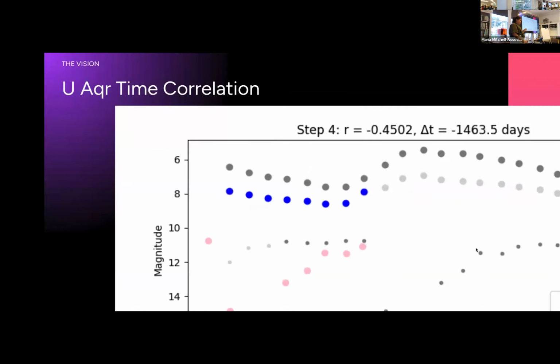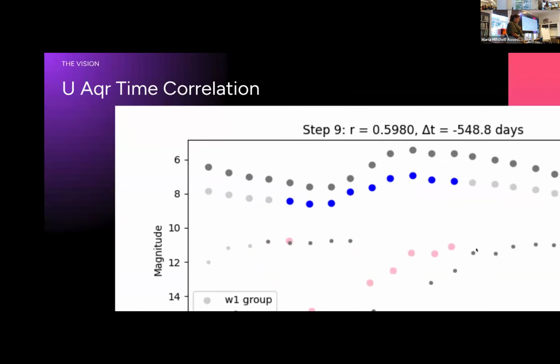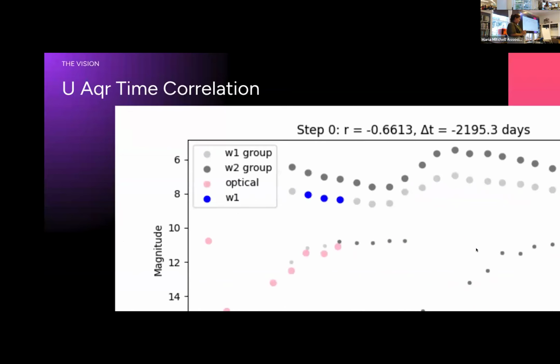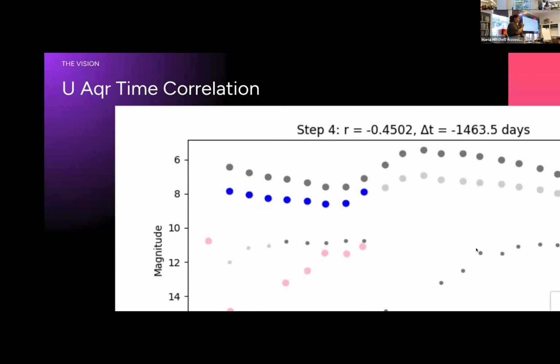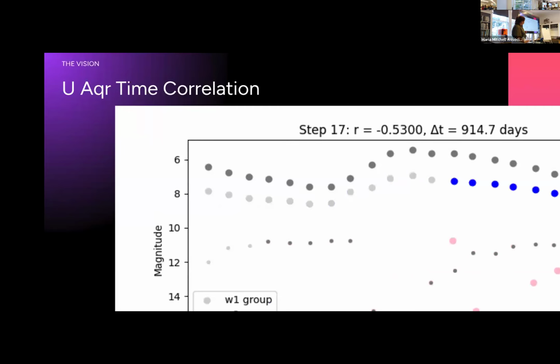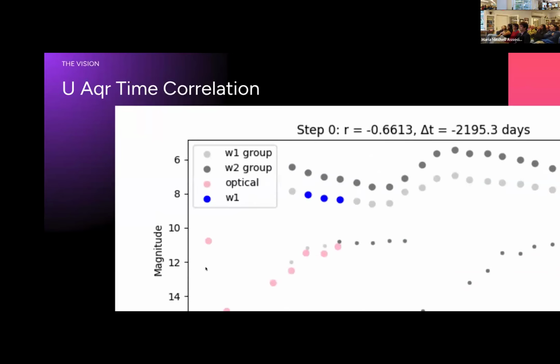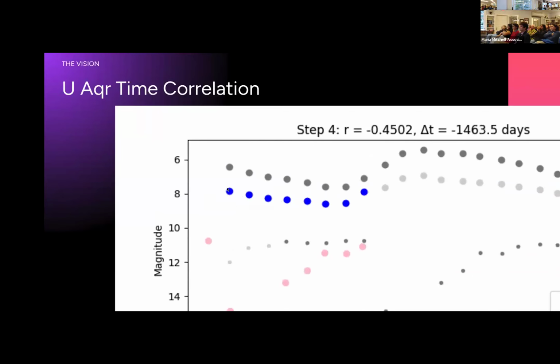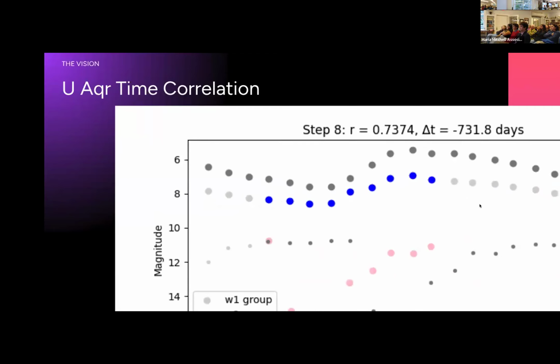And all of that was accumulating to this. This is so I could get an understanding of when we find a best correlation between a decline event and an incline event. So I take this entire decline and I shift it through the entire W1 light curve.